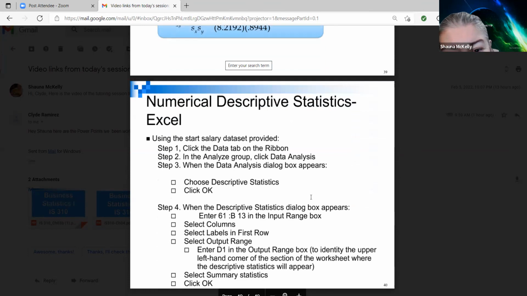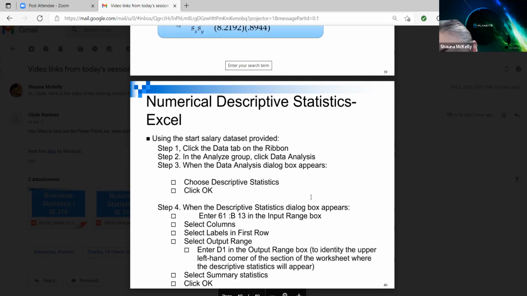Click the data tab, click data analysis, choose descriptive statistics, select labels, find the output range, and then you just click. So apparently it'll give you that. We'll look at the end of the PowerPoints for next time, Shauna. I know it'll give you the range and all that, but apparently it'll give you the covariance if you select it.